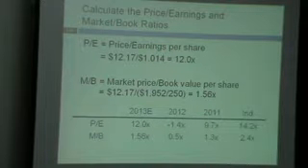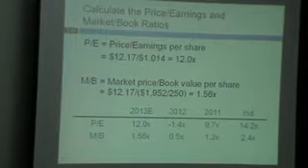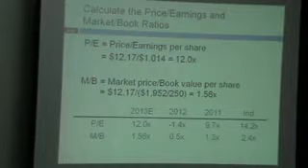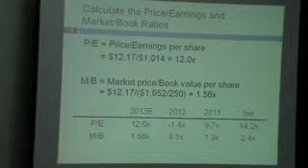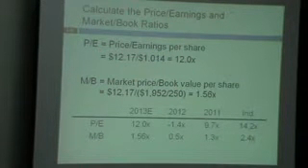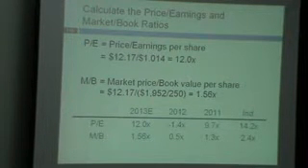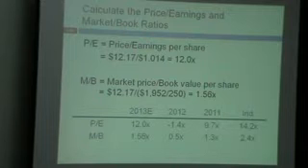This is the price per share. Price per share in 2013 is 12.17 and earning per share, net income divided by number of shares, is 1.014. So the price earning ratio is 12 times. You can say that the price compared to the earnings per share is 12 times.